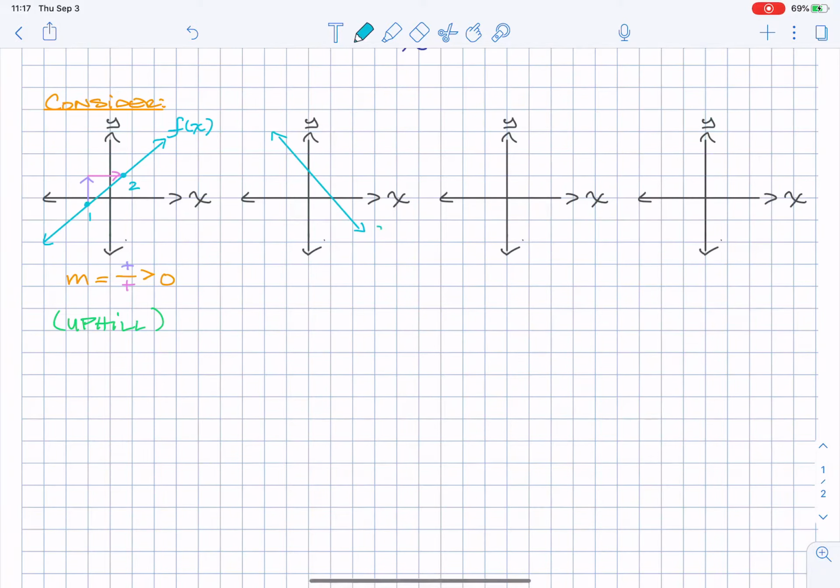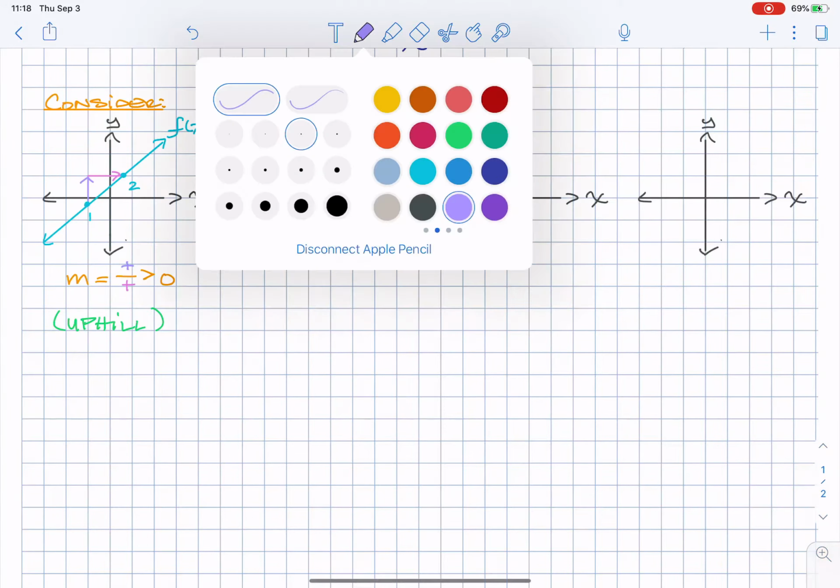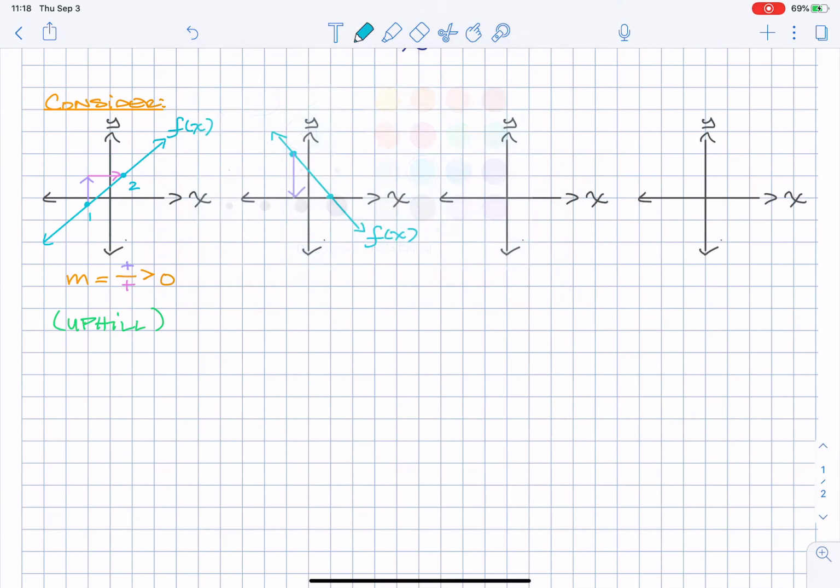Similarly, let's say we've got a function that looks like so. Now this is my f of x. Once again, let's look at a point here and a point here. From point 1 to point 2, my rise is now negative, so my slope is going to be negative over positive. But my run is still going to the right, which is still positive.